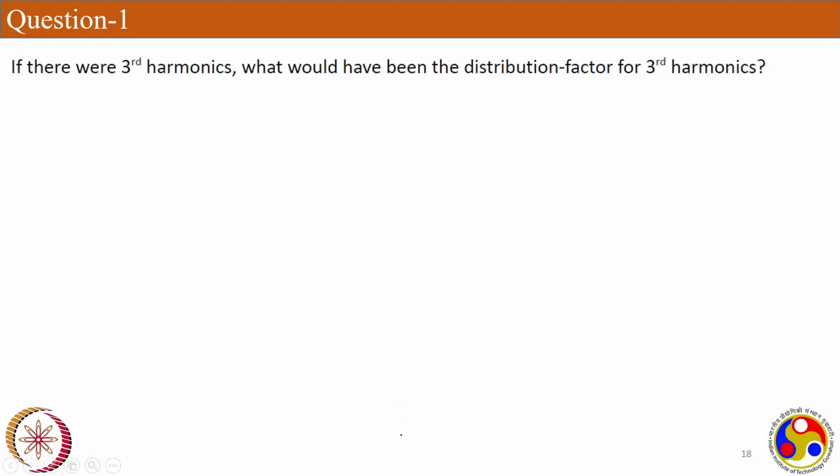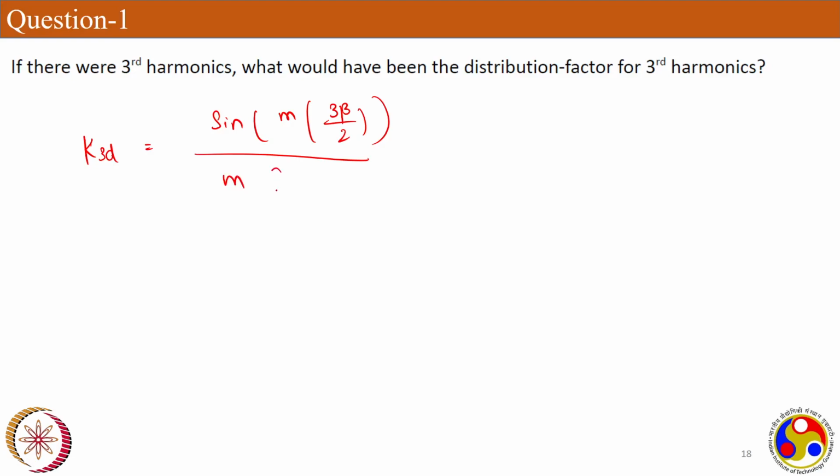Again, if there were third harmonics, what would have been the distribution factor for third harmonics? It is sine M 3 beta by 2 divided by M sine 3 beta by 2. Don't confuse M and 3; 3 will be there and M will also be there.